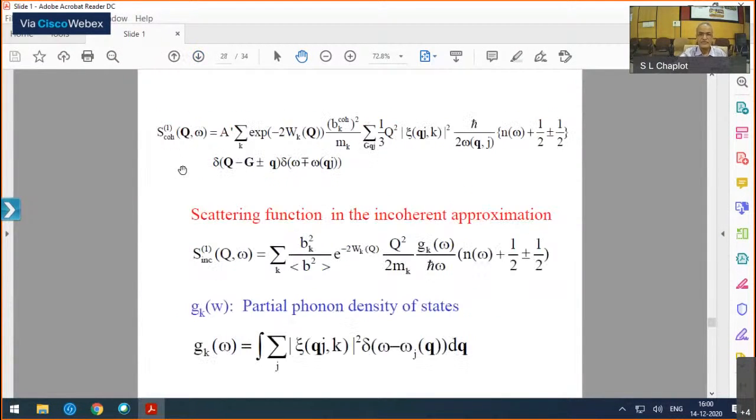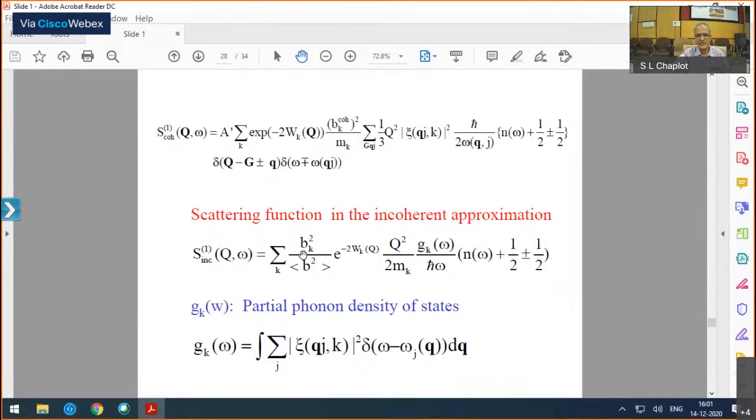So when we do that, if I remove the phase terms and replace (Q·ξ)² with one third of Q²ξ², then I get this term in the incoherent approximation. And again, as we said, we sum over all the q around this capital Q and integrate over all the frequencies. So it becomes a much simpler expression.